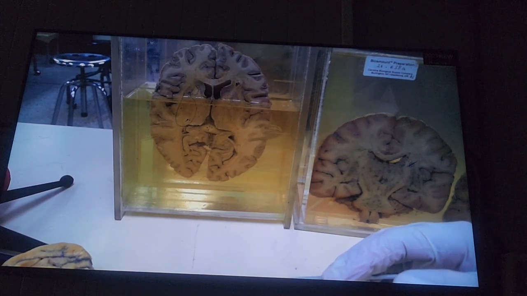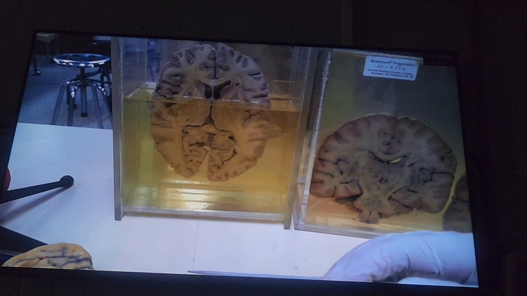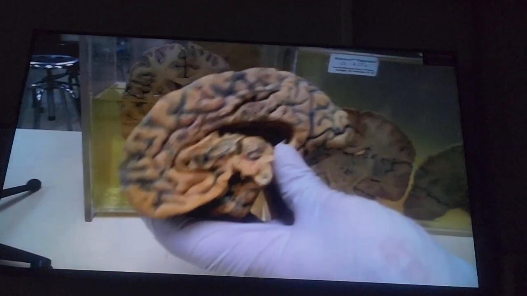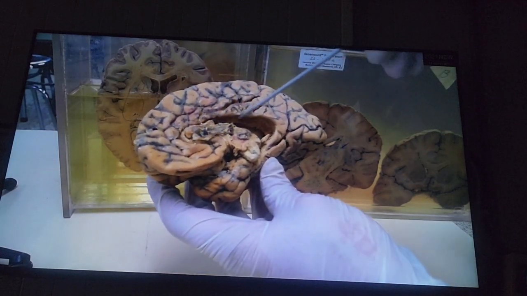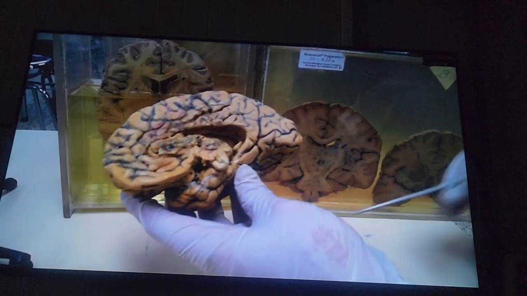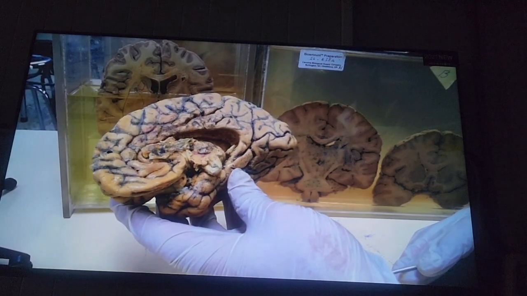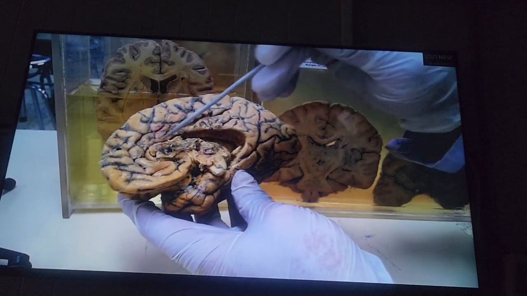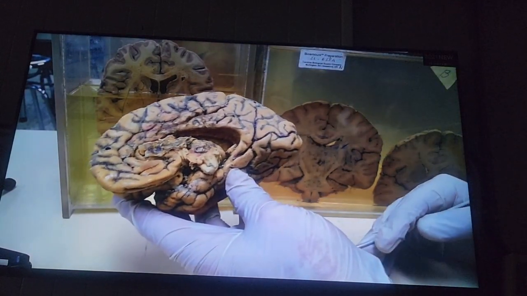Below the fourth ventricle, the central canal extends through the spinal cord into the filum terminale. The lateral ventricle is a C-shaped structure. This is the cavity of the lateral ventricle, a C-shaped structure consisting of the body and projecting forward through the frontal lobe into the anterior horn.